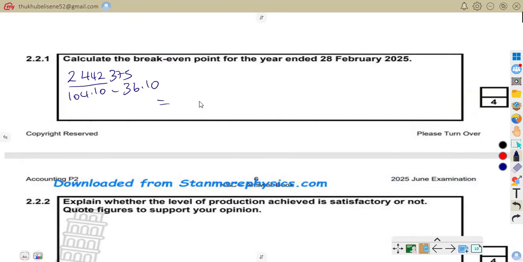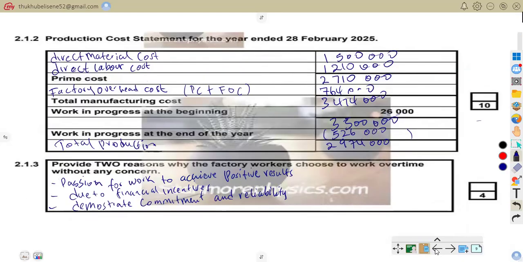All in all, they will give us 35,917. So that is our answer. Now let us go to question 2.2.